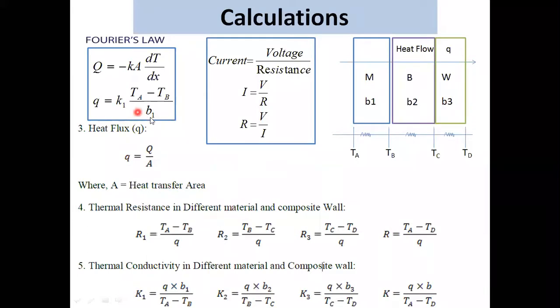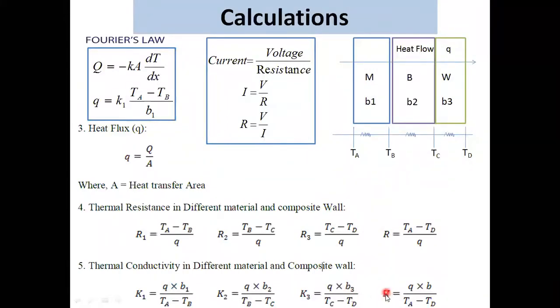So conductivity K is equal to Q into B divided by the area times the temperature difference TA minus TB. So similarly for bakelite also you can calculate with Q into B2, that is the thickness for bakelite, and the temperature gradient across the bakelite. For wood you have to enter the thickness for the wood slab and the temperature gradient across the wood.